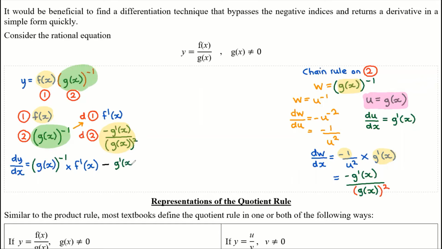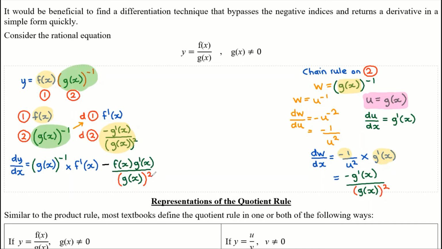In fact, I'll do it the other way so it makes more sense. It's in the right order. So that's going to be f of x multiplied by g dash x over g of x, and that's going to be all squared in the denominator. All right, so we've got the derivative.